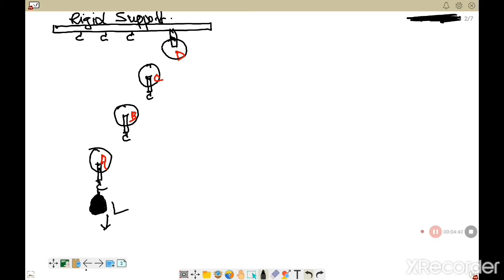So to balance this I must pass a string. So I pass the string from pulley A through the first hook I have here.